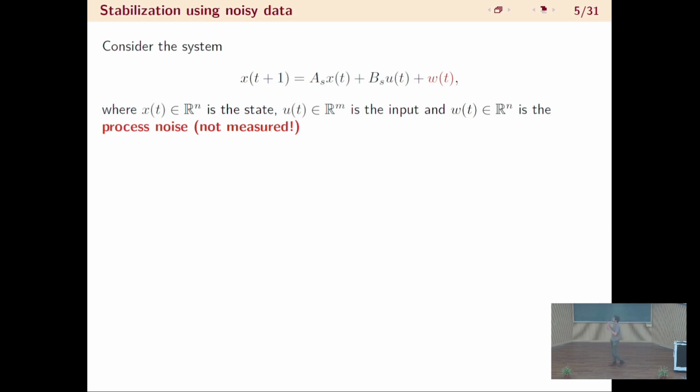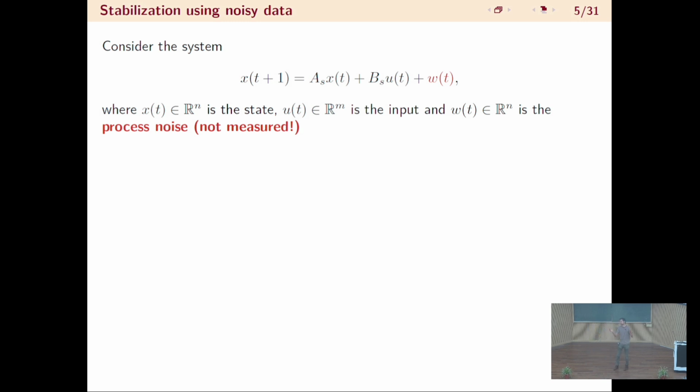By the way, maybe at this point I can explain a little bit about this particular way the noise affects your system. This is a type of process noise or disturbance, you could also say. Maybe you've seen that already in another context. That's one way of having noise affecting your dynamics. There are also other types of noise, like measurement noise. What is measurement noise? Well, you could think of, instead of measuring exactly x of t, I measure x of t plus some noise term Wt.